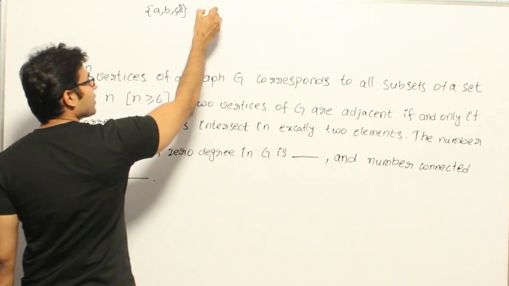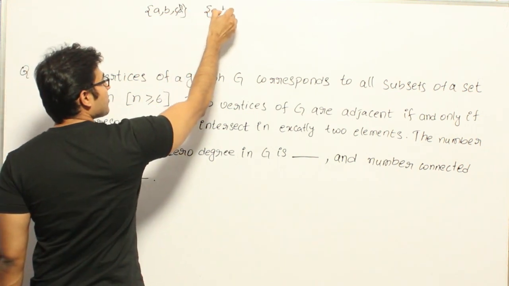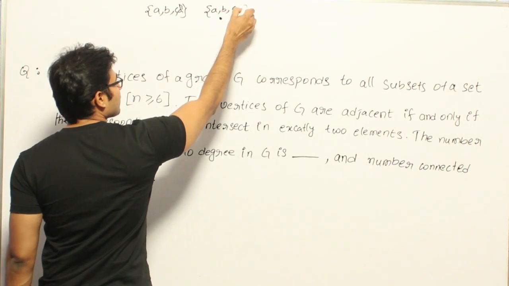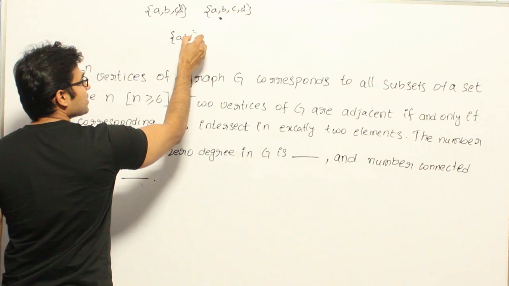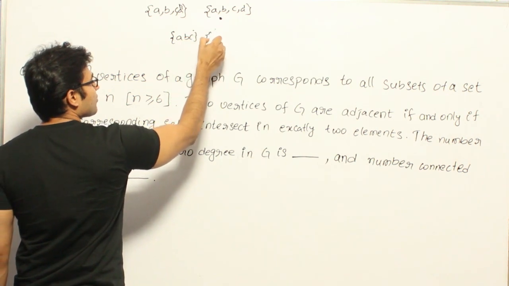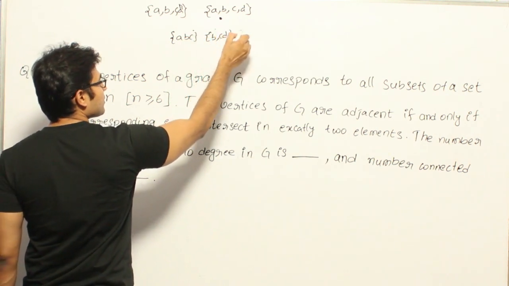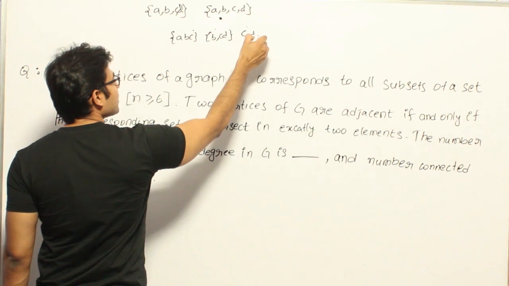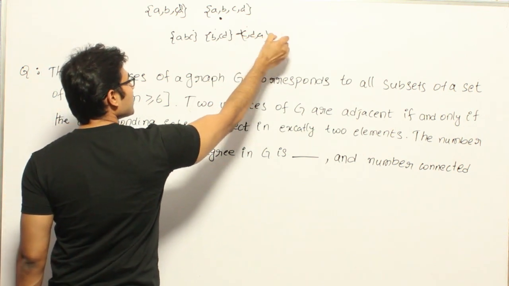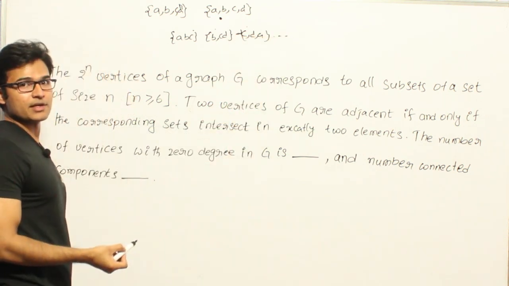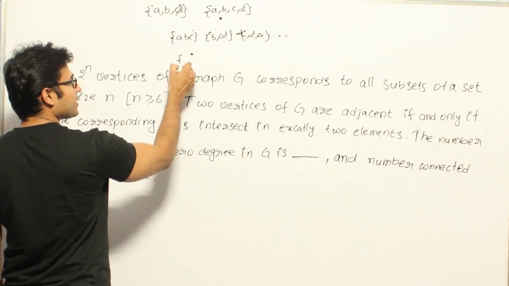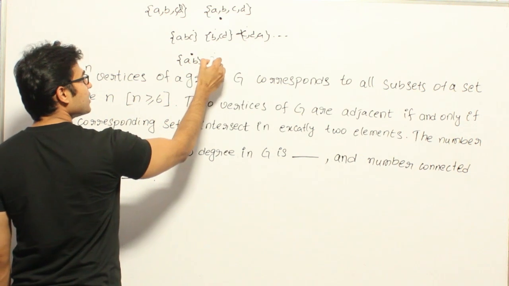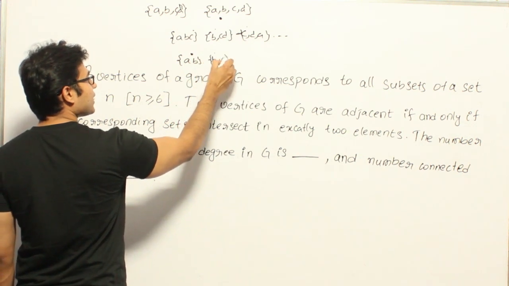So a vertex can be A, B, C, D, or a vertex can be any set containing 3 elements, like A, B, C, or B, C, D, or C, D, A, or a vertex can represent any set containing 2 elements, like A, B, or B, C.